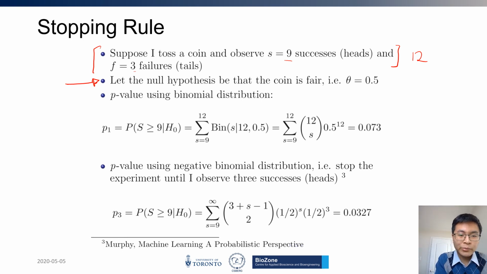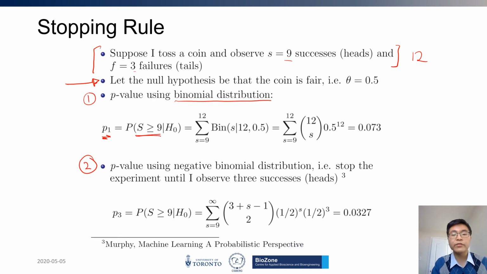Okay, let's compute it in 2 different ways, 1 and 2. So the first way, let's just assume our data is generated from a binomial distribution. All right, let's walk through this. So on the last slide, we said the p-value is the probability of observing an event that is as extreme or more extreme than what you have in the data.